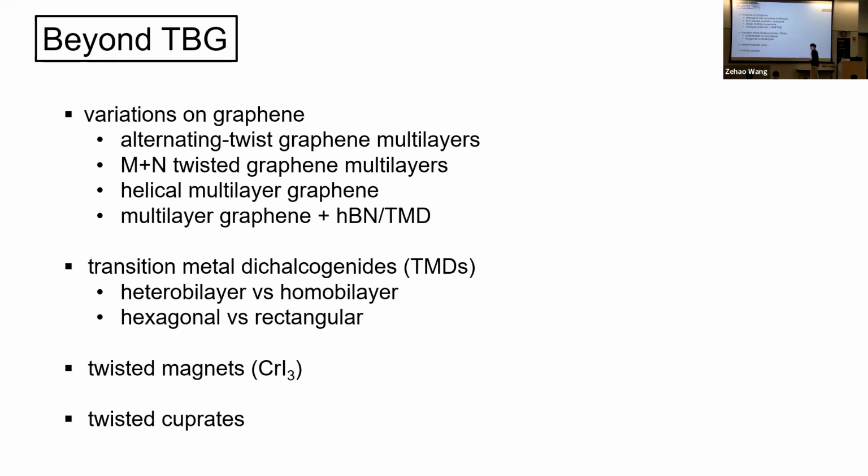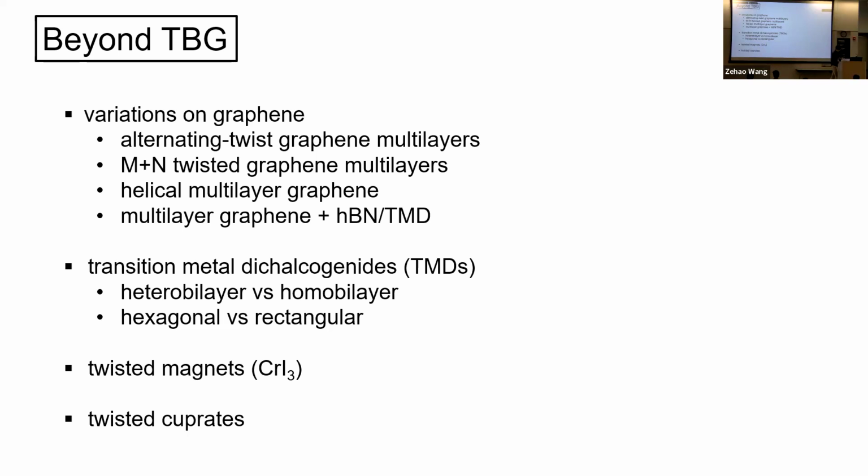And of course, you also have different types of TMDs, right? Most TMDs are hexagonal, but you also have rectangular TMDs like tungsten ditelluride. These are still regular electronic systems, right? You can also twist other things like magnets, like chromium triiodide, and you can even twist things like cuprates as well. So let me just say a few things about some of these.